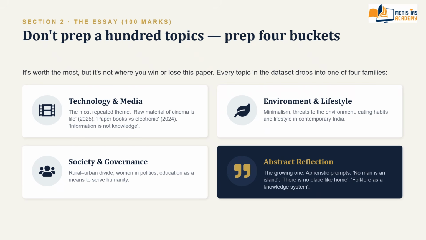Then comes the second theme, that is environment and lifestyle. In this theme, they are asking about minimalism, threats to the environment, eating habits, and lifestyle in contemporary India. They asked in 2025 about eating habits in contemporary India. These are our recent questions, 2024 and 2025.